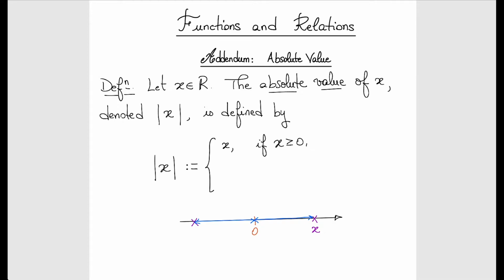And what happens if x is negative? So what happens if x is over here? If x is negative, which means it's to the left of 0, well, I'm talking about this as being the distance separating 0 from x, right? So how can I represent this distance in terms of x?